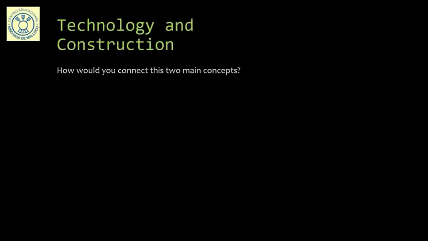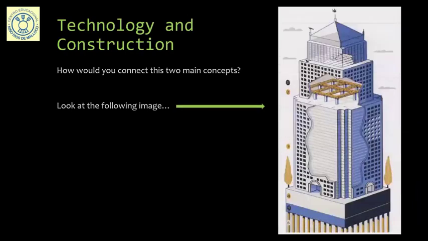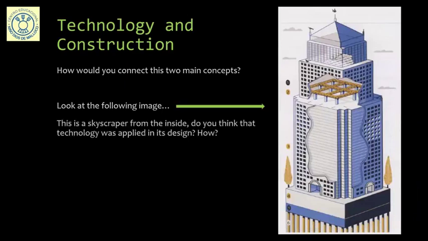So technology and construction. How would you connect these two main concepts? Look at the following image. Ta-da! In this image, we have a skyscraper from the inside in relation to the structure, how it was built.